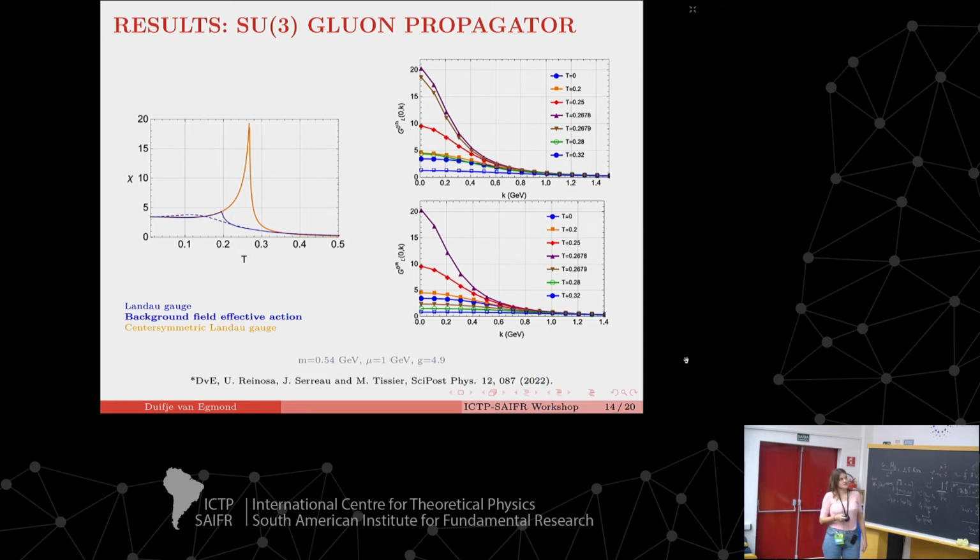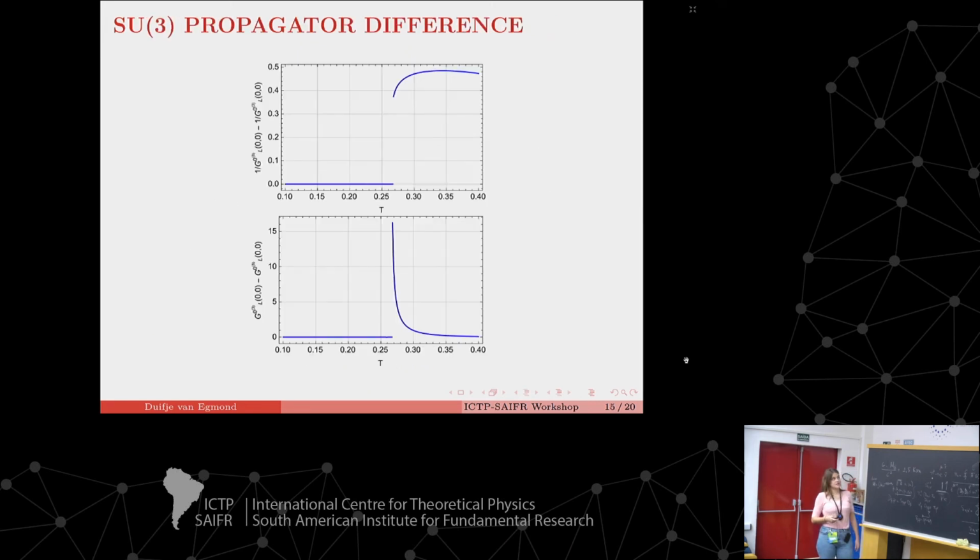But this means that the difference between these propagators is actually a new order parameter. Because until the transition temperature, the difference is zero, while we have a finite value after the transition temperature, which we plotted here. And here we plotted the difference between the inverses so that it looks like a Polyakov loop, but it's not.